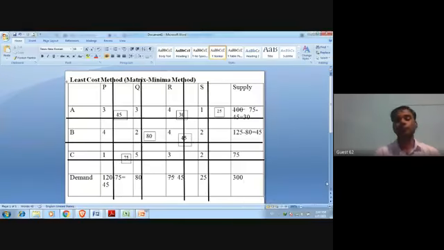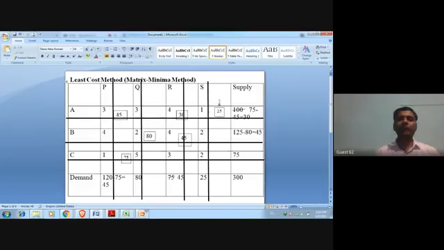One thing more: all these problems that we are solving are balanced problems. After teaching the WHAM method, I will take one example in which I will apply all these three methods in a single example.